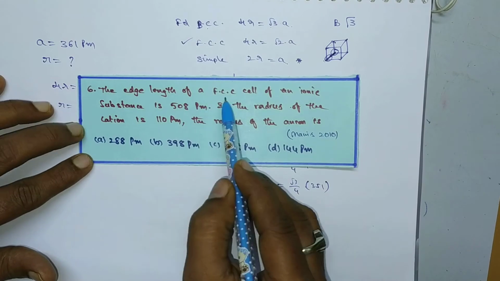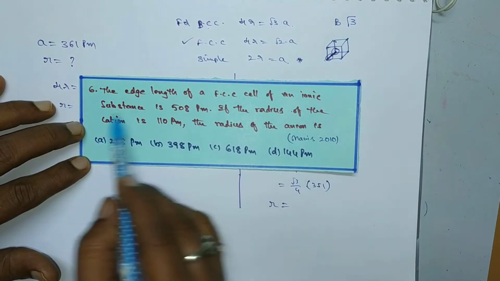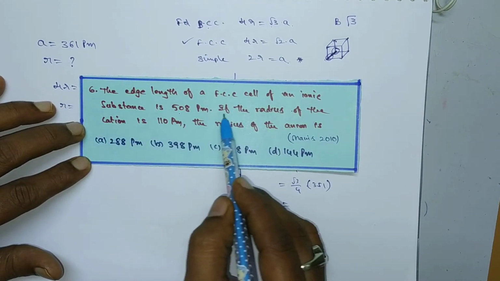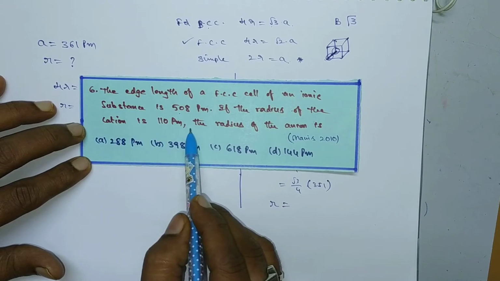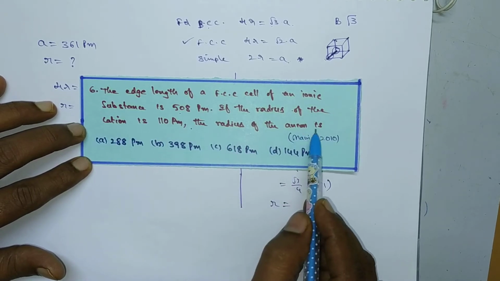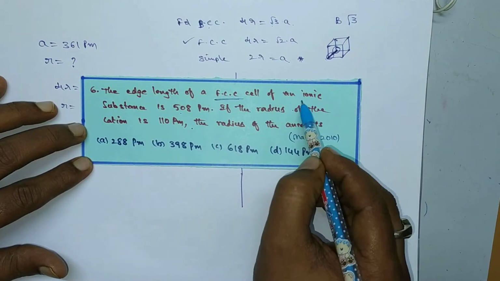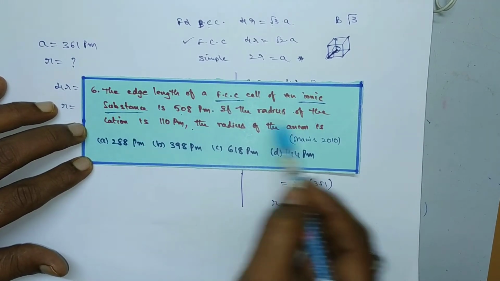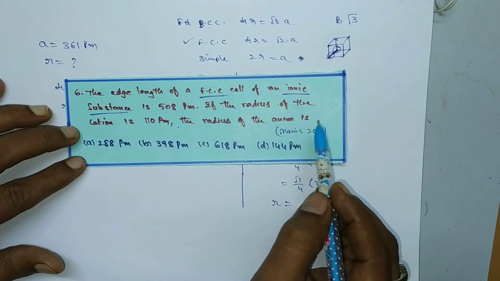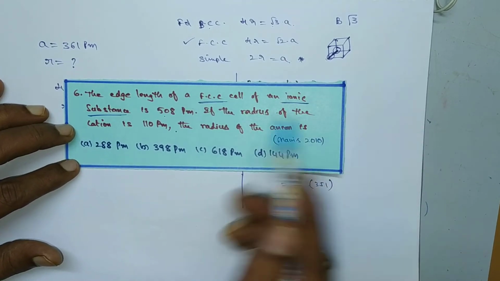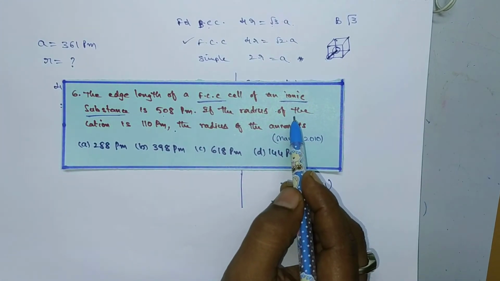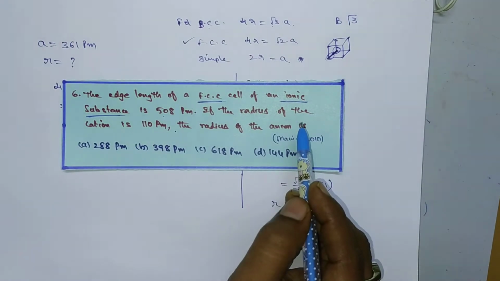The edge length of a face centered cubic cell of an ionic substance is 508 picometers. If the radius of the cation is 110 picometers, the radius of anion is? So here the crystal is an ionic crystal, so you have to remember two more points.